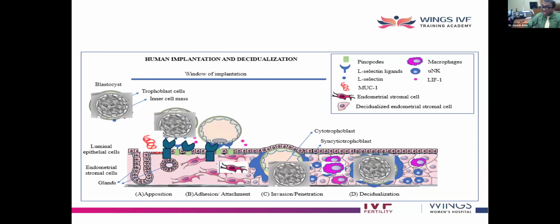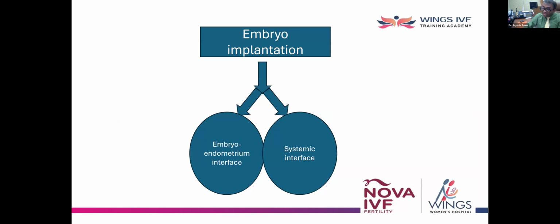After that, when the embryo goes inside, there is an embryo-endometrial interface. There is a crosstalk at the level of the surface, and there is a crosstalk at the level of the blood. There are two systems. Blood has one identification system, and when you enter the surface of the body tissue, there is another identification system. This is called HLA1 and HLA2.